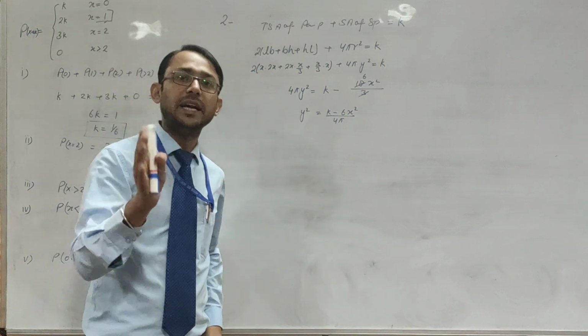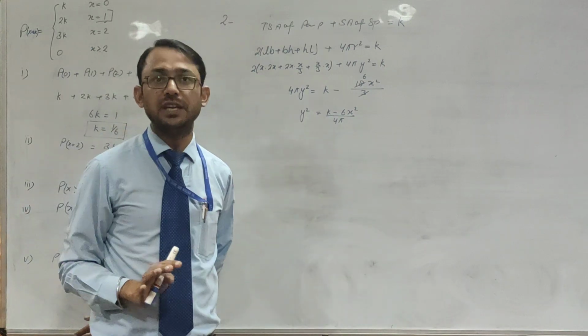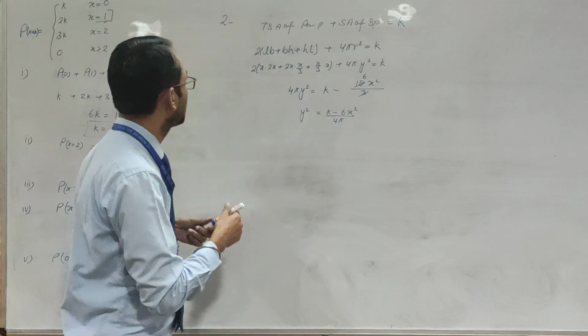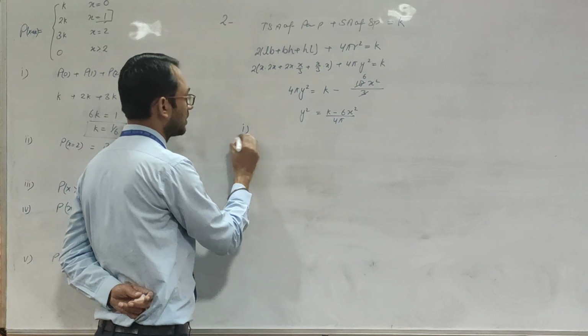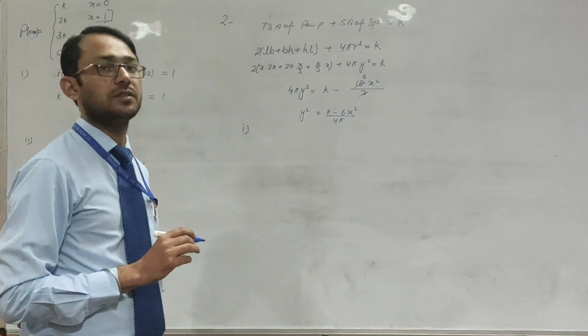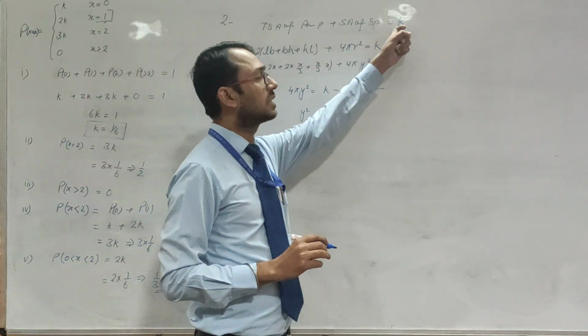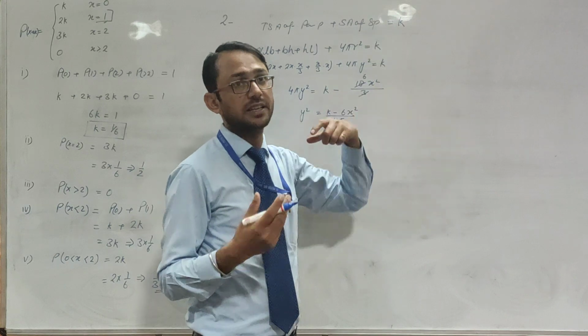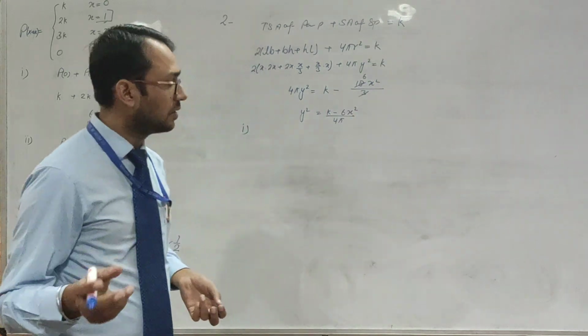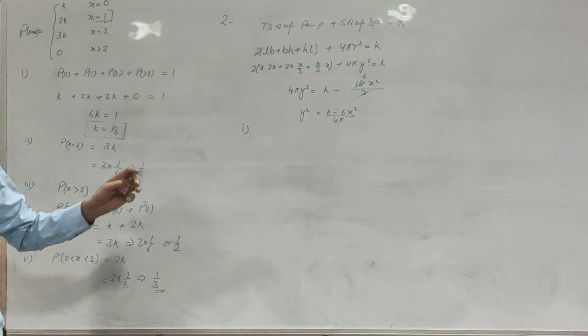Maybe in the question they might ask x in terms of y, then also we can convert. Let us see what they are going to ask. Let the constant be s, then the relation between x and y is. The constant is s; I have taken it as k.